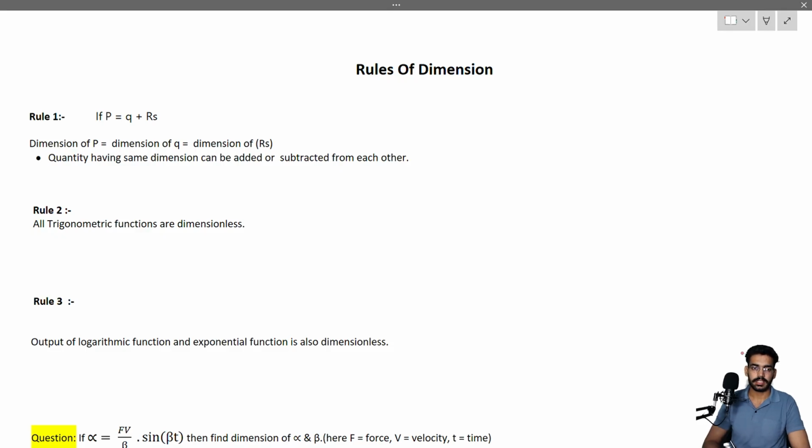Second rule: all trigonometric functions are dimensionless. So what I am saying here is, let's say one trigonometric ratio, sine, and whatever is written inside, this is dimensionless. This sine of, this is also dimensionless.